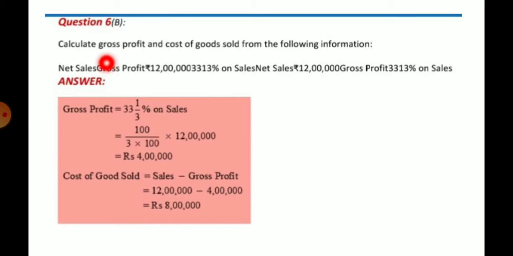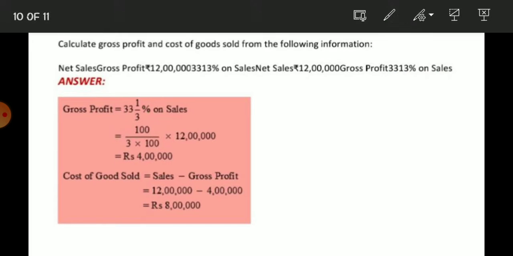Again, calculate gross profit and cost of goods sold from the following information. Net sales and gross profit information is given here, and the percentage is not correctly typed, so don't get confused.